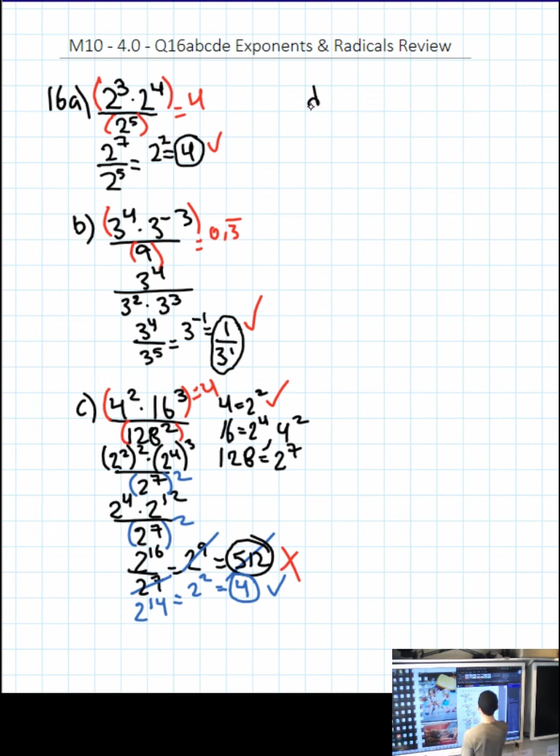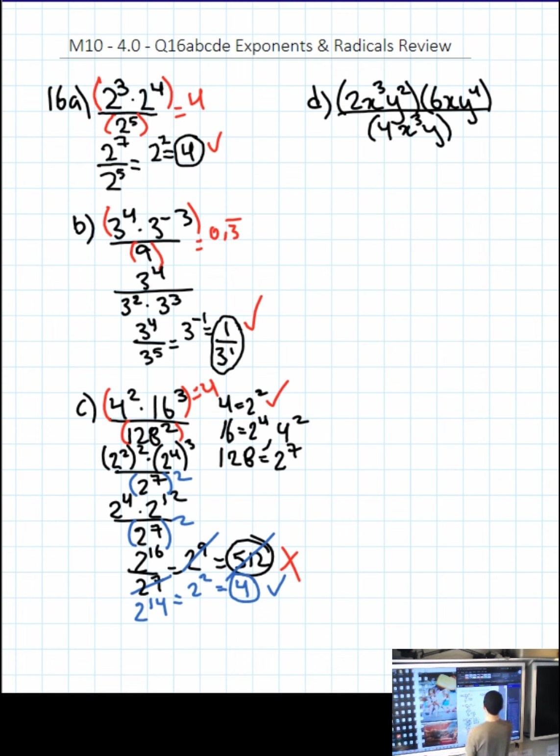Okay, at the top we have D: (2x cubed y squared times 6xy to the 4) over (4x cubed y). So on the top, we're going to multiply our coefficients.